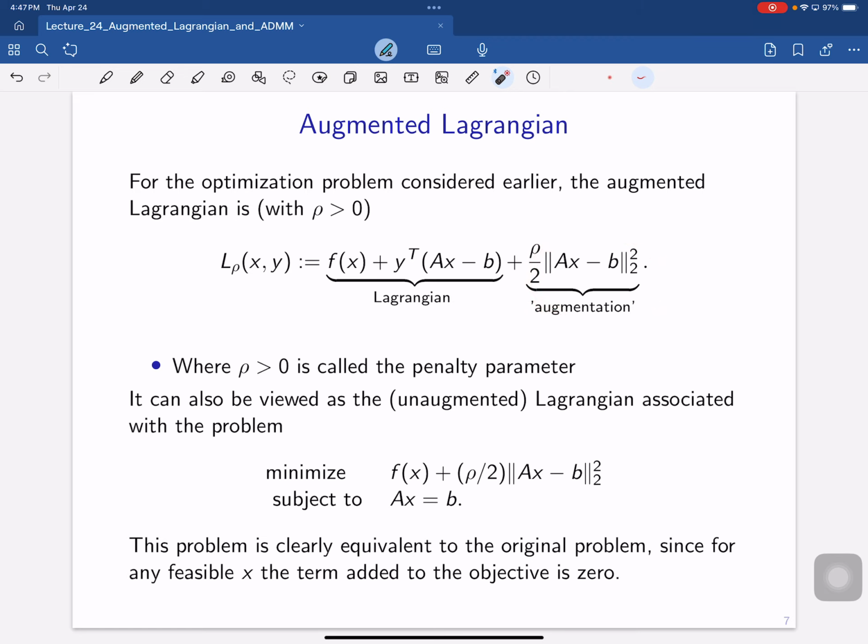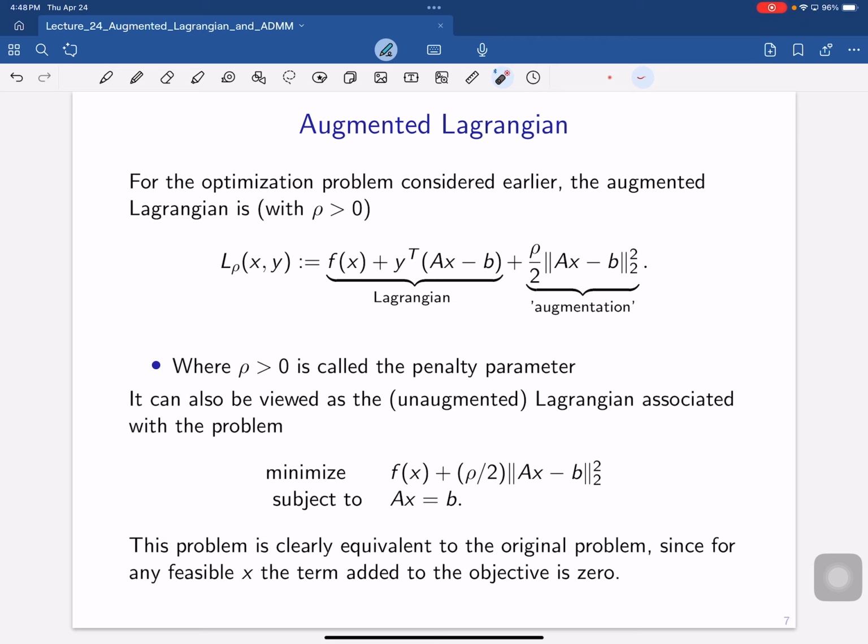So how do you interpret this augmentation term here? It is a square of the two norm of Ax minus b. Yeah. It's sort of like just your squared error of that constraint. Yeah, right, yeah. So exactly.